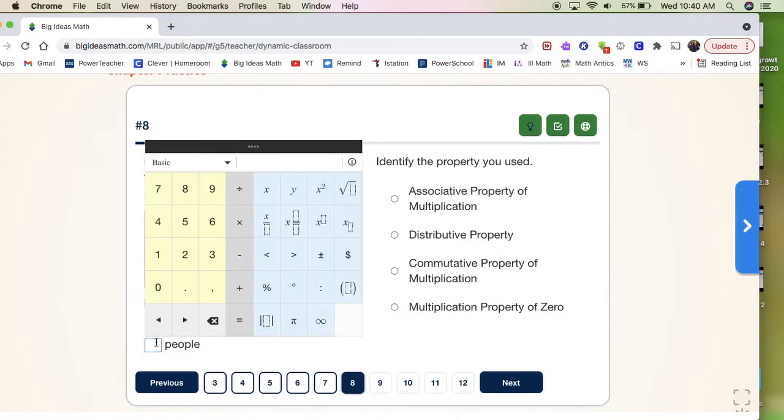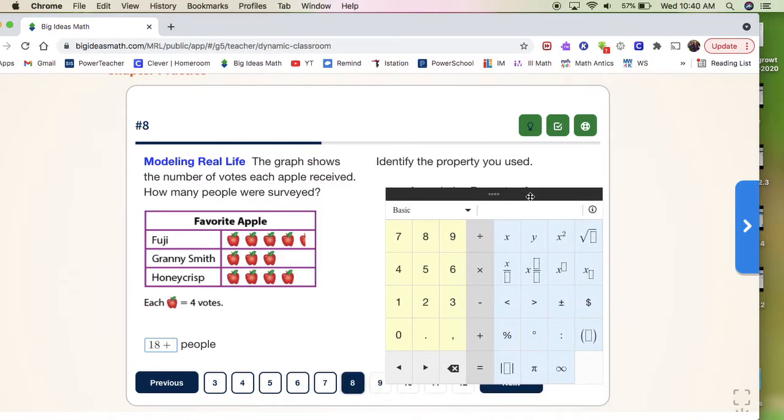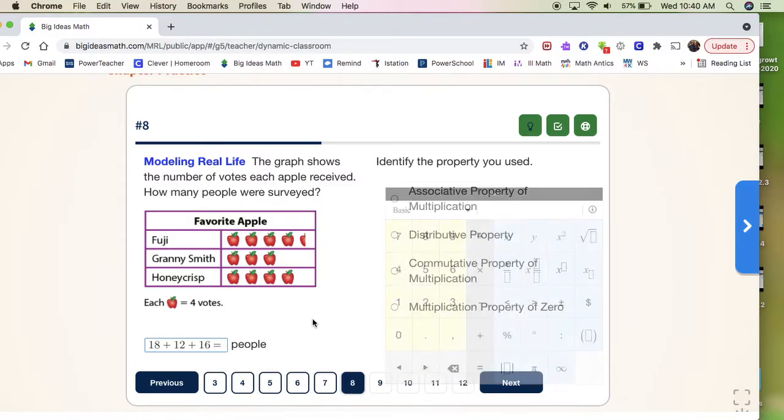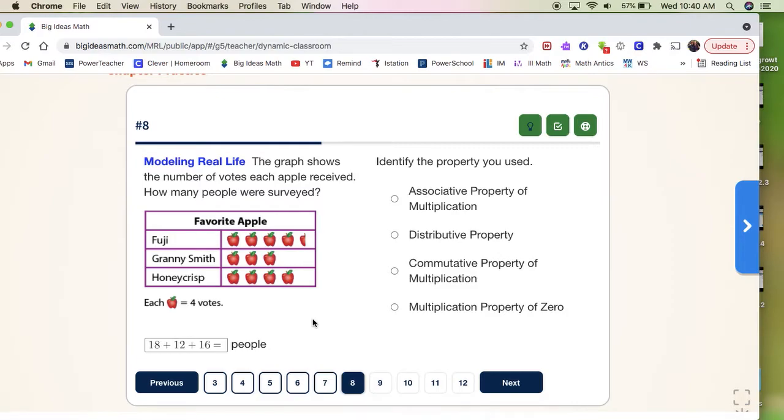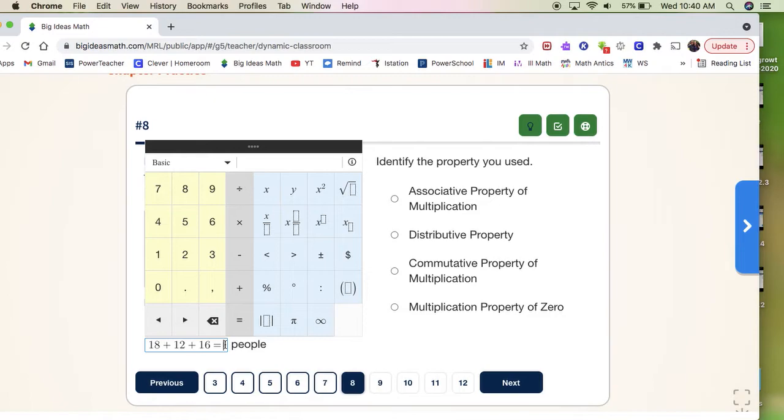So we've got 18 plus 12 plus 16. And that's going to equal 46.